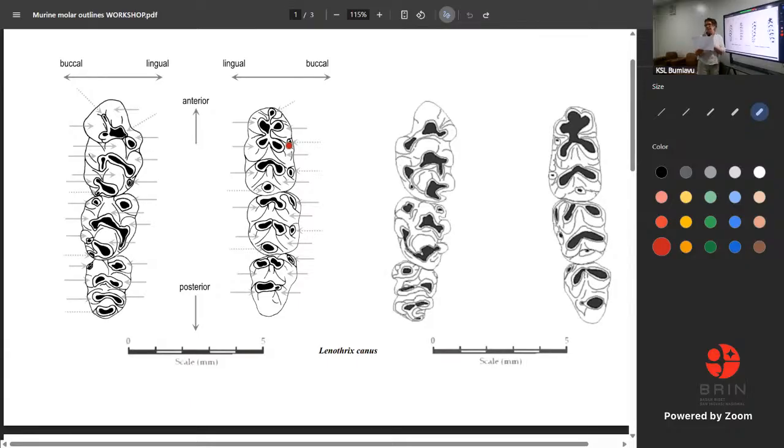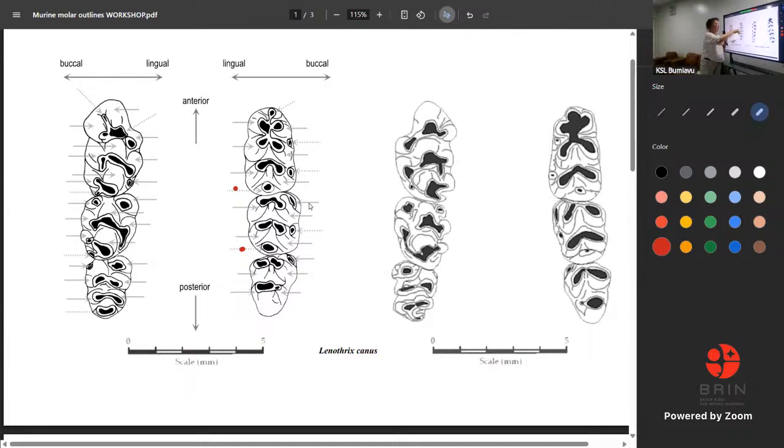anterobuccal cusplet. It's a cusplet. So the dotted lines are cusplets on this side, and the posterior cingulum on that side. So the first cusplet at the top is your ABC, anterobuccal cusplet, and then the second one down is your posterior buccal cusplet. And they follow that logic.